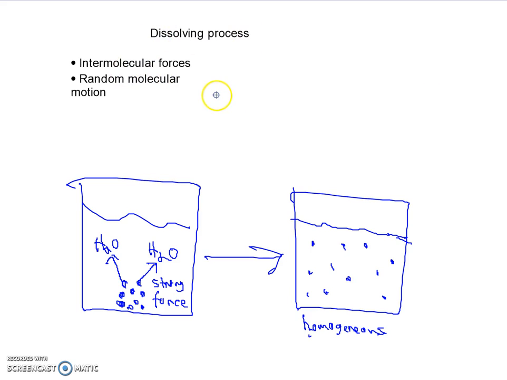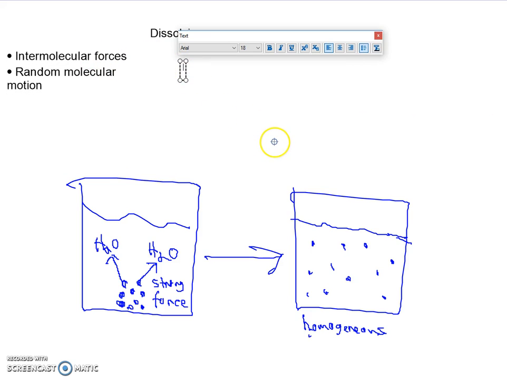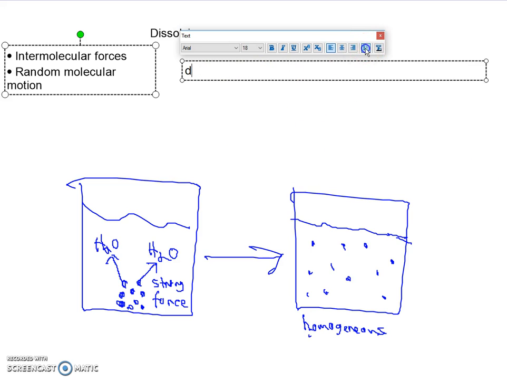So let's actually describe the process as well, or explain it. Now, we want to use these two terms, and I'll put them off to the side here. We want to explain using these terms. So let's just start off. Let's just say it's salt. It could be sugar, it could be Gatorade powder, lemonade powder, anything that dissolves in water. So we're going to say the water attracts the salt with a strong intermolecular force.